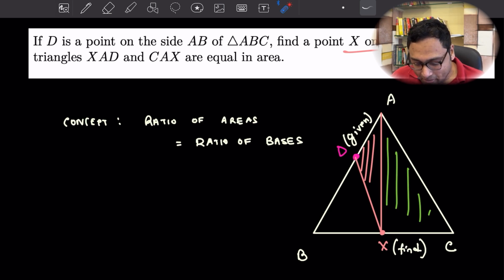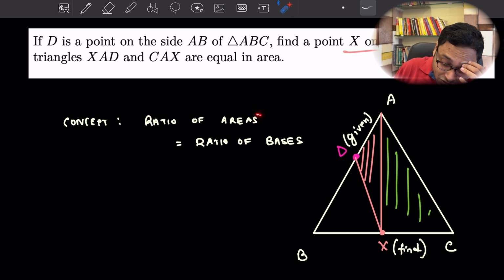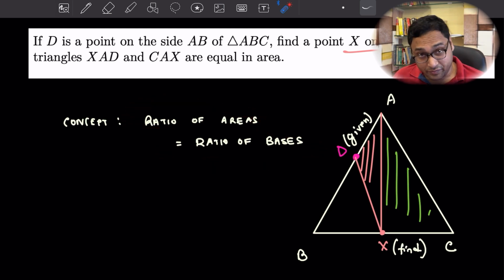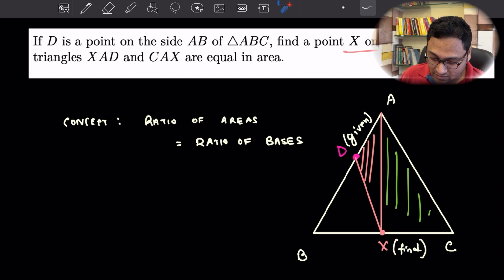So, the only concept that you would need to actually solve this problem is that the ratio of areas is equal to the ratio of bases. I'll quickly talk about this particular concept. It's very simple.